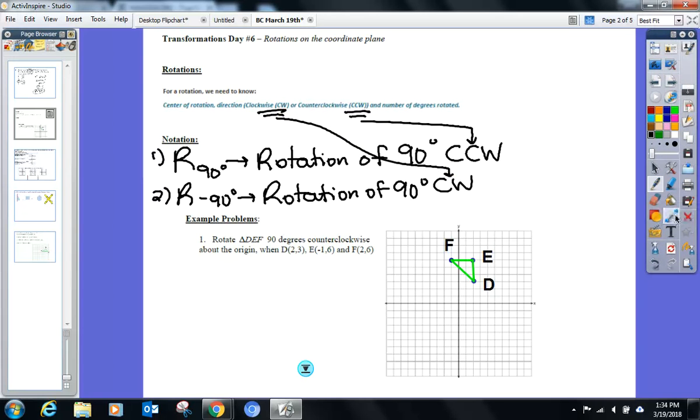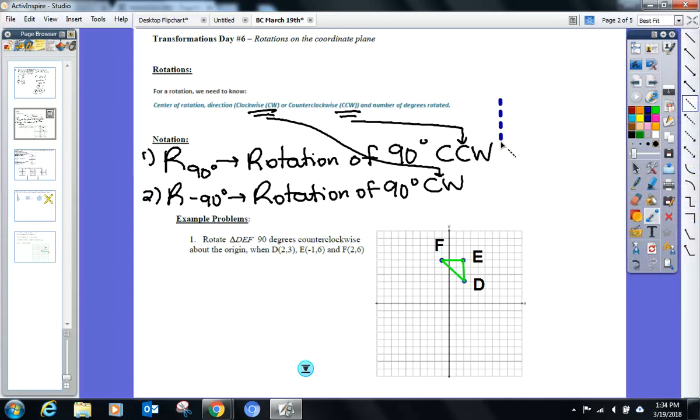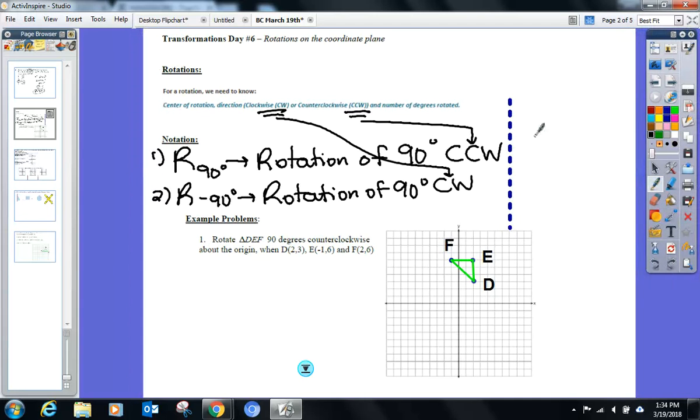And the third and final one I want you to be familiar with. You will see the uppercase R. You will see the degree measure. But before the degree measure, you may see a letter. This is still a rotation of 90 in which direction?